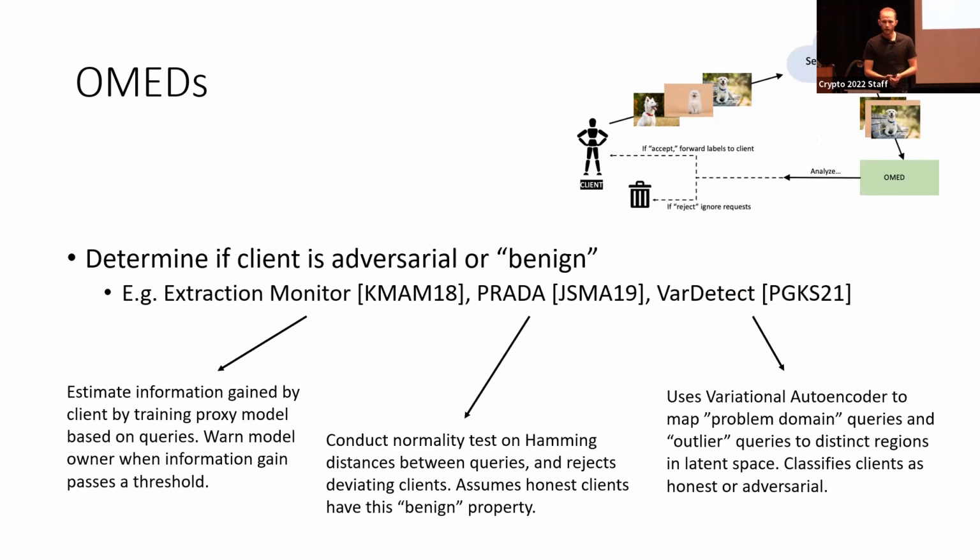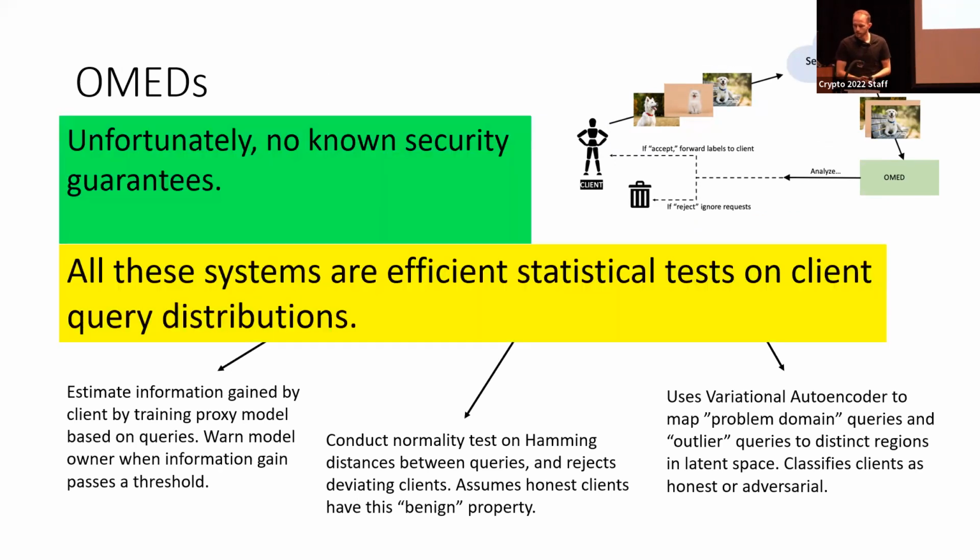They work well in practice, and they use very different techniques. But what I will say is that they all boil down to efficient statistical tests on client query distributions. And despite working well in practice and being very lightweight, they don't have any known security guarantees, at least not the type of provable security guarantees you'd expect from a cryptographic solution.